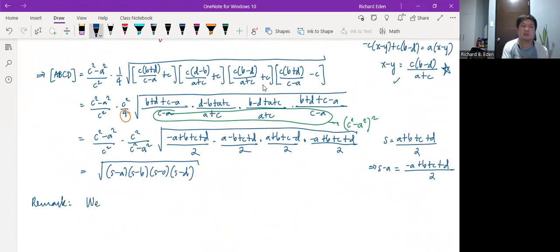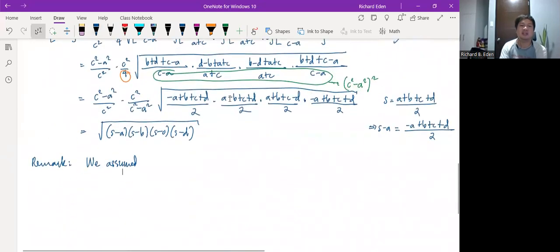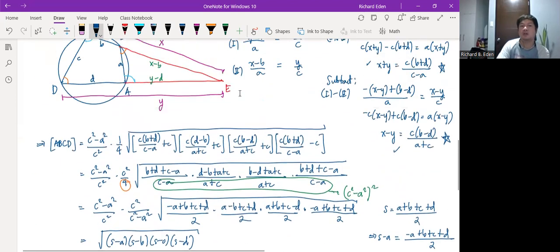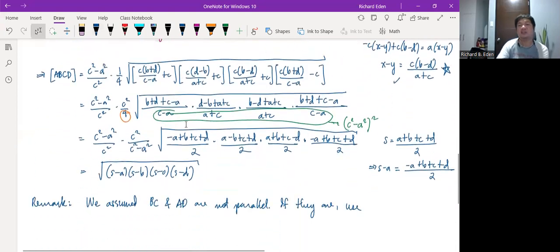We assumed that BC and AD are not parallel. Well, if they are, use the other opposite pair, AB and CD.